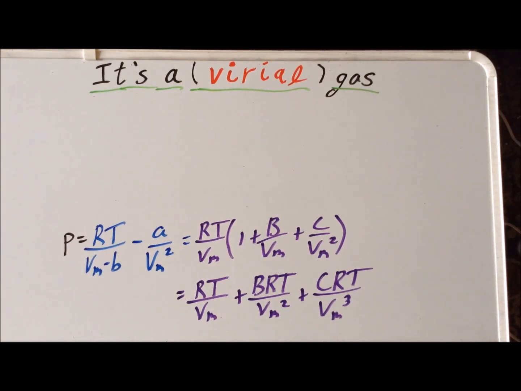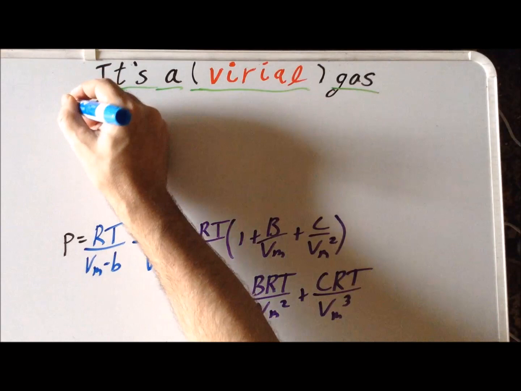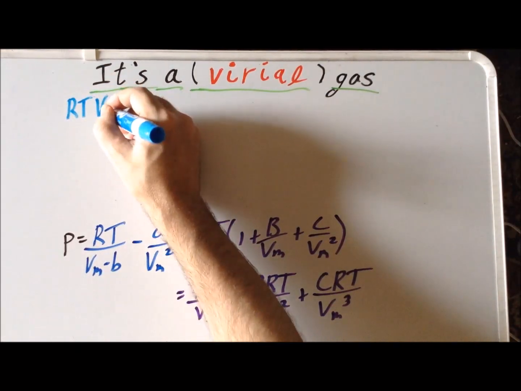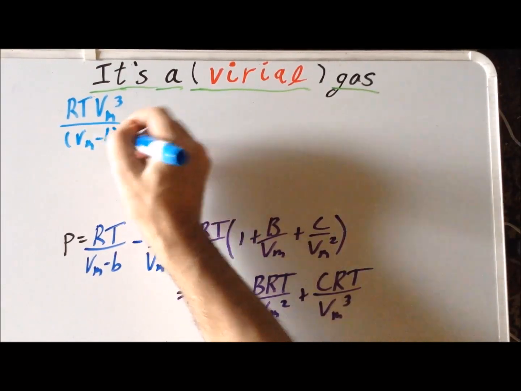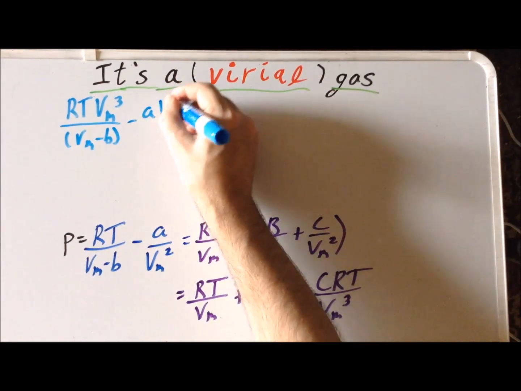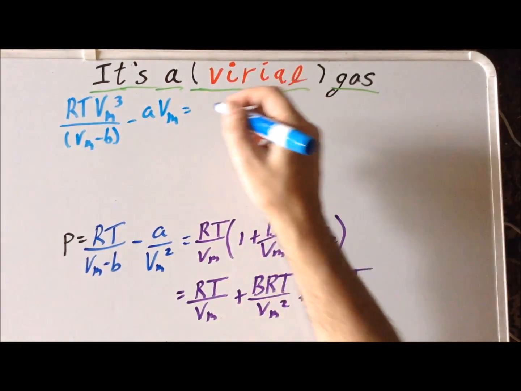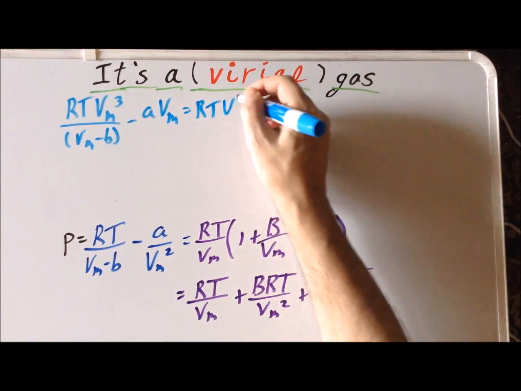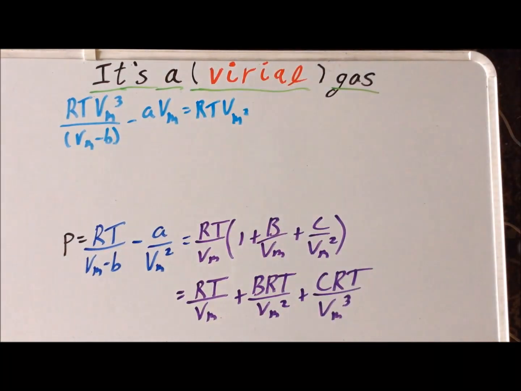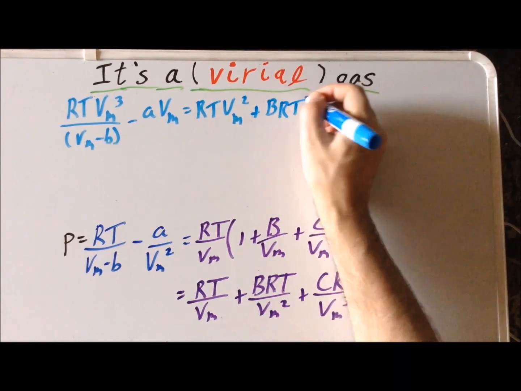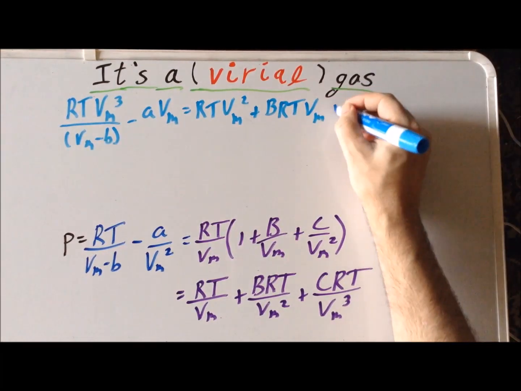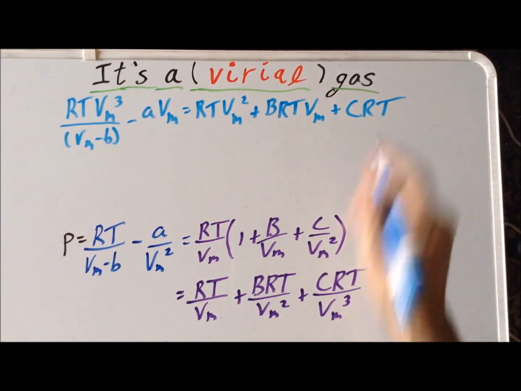Now we multiply each side of our equation by the molar volume cubed, so that we get RT times the molar volume plus big C times RT.